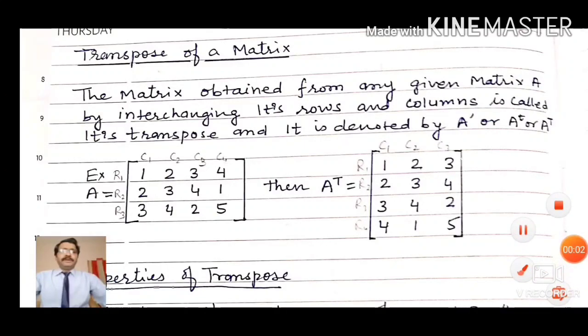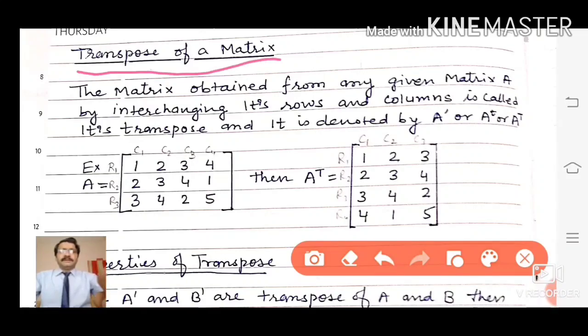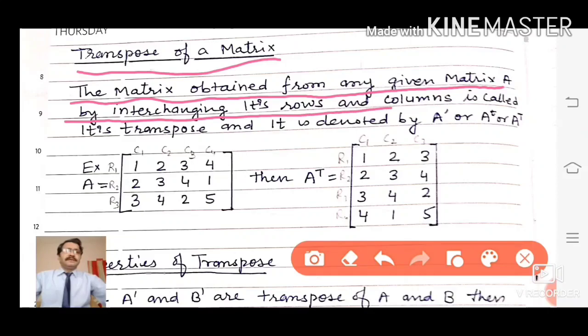Hello, our topic is matrix, and we are doing transpose of a matrix. The matrix obtained from any given matrix A by interchanging its rows and columns is called its transpose, and it is denoted by A dash or A power T. Here we will do one example.